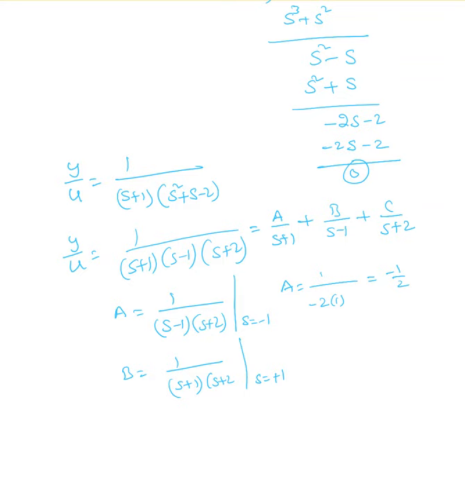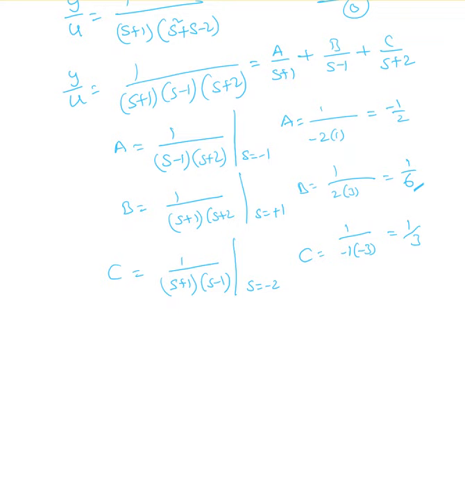So 1 over 2 times 3, b equal to 1 over 6. Then c equal to 1 over s plus 1, s minus 1, substitute s equal to -2. Then c equal to 1 over minus 1 times minus 3, so c equal to 1 over 3.